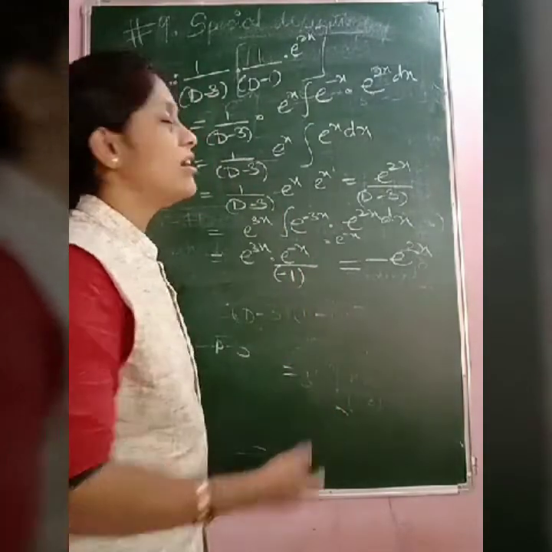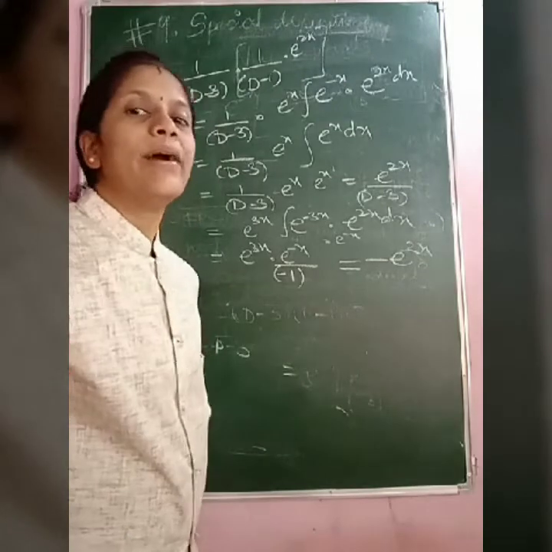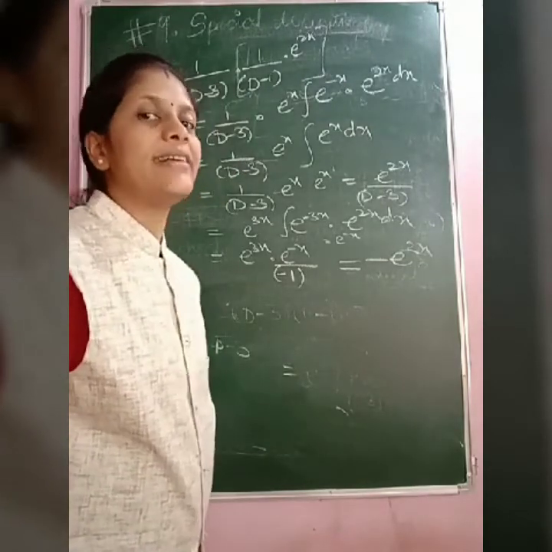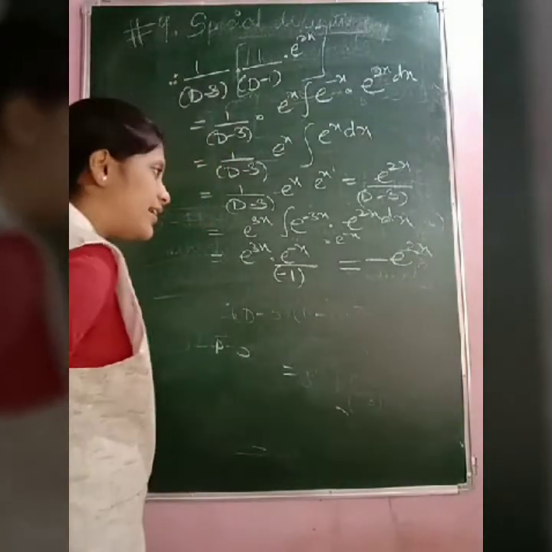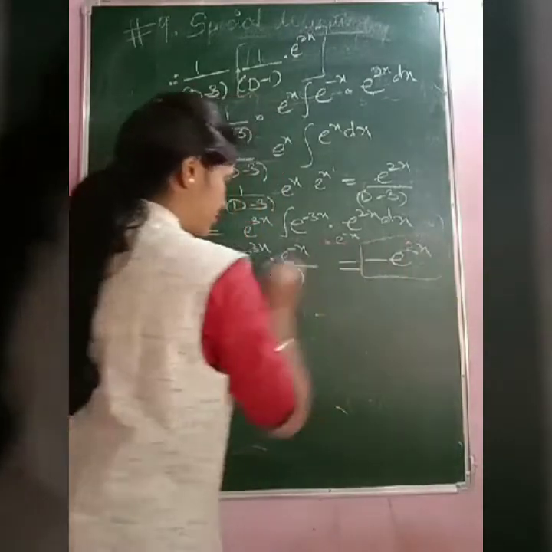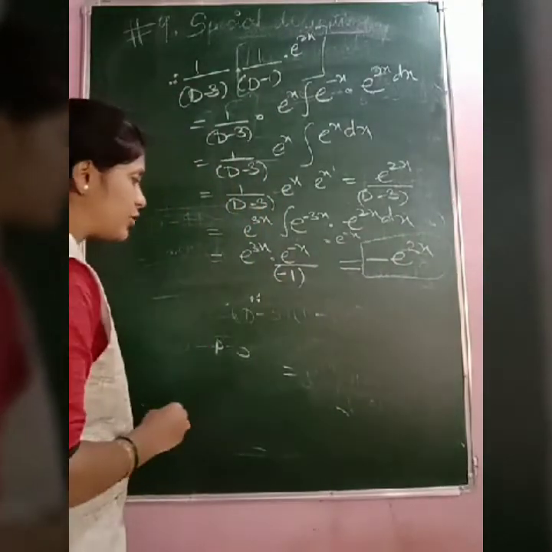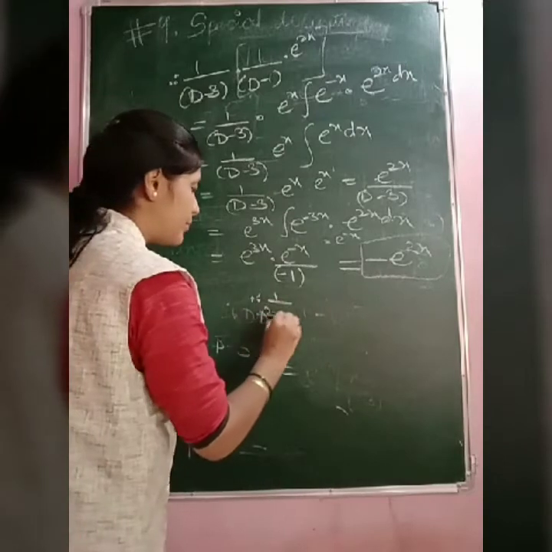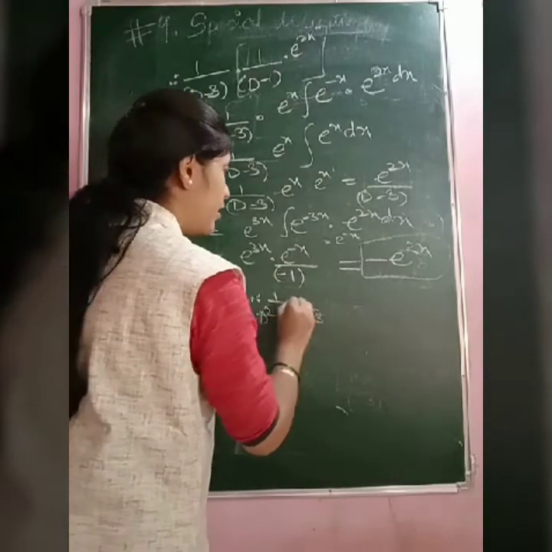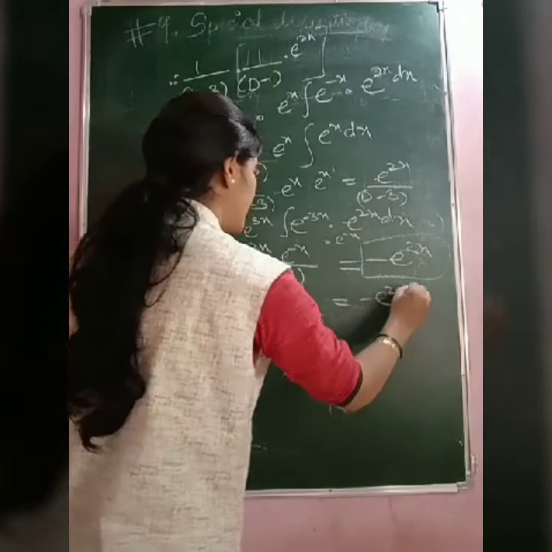Now the same thing we can also solve by using another method, that is partial fractions. So let us solve by partial fractions. What was the given question? 1 by D square minus 4D plus 3 of e raised to 2x.